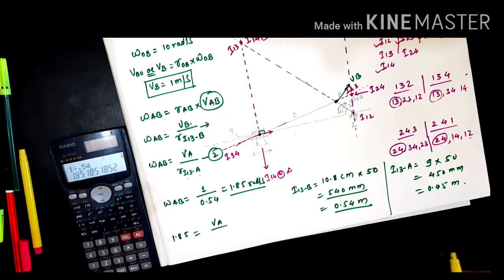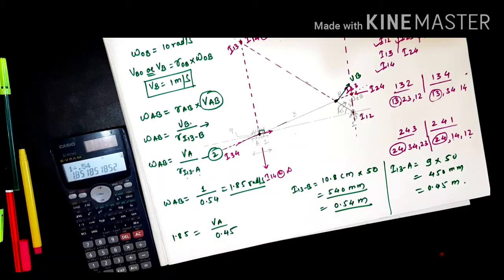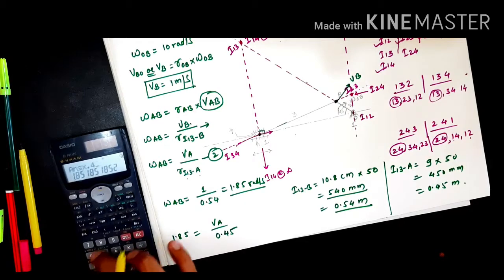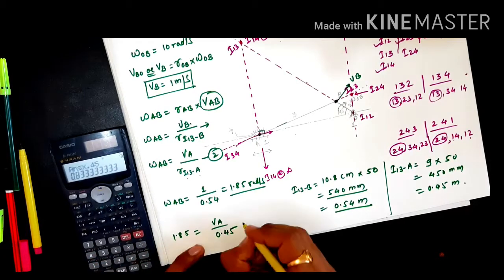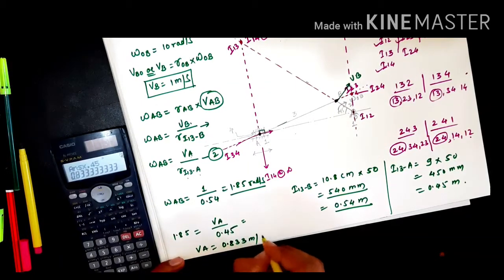So 1.85 into 0.45 will give you 0.83. So VA will be equal to 0.833 meter per second.